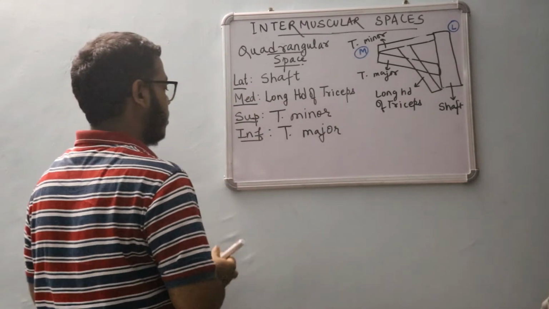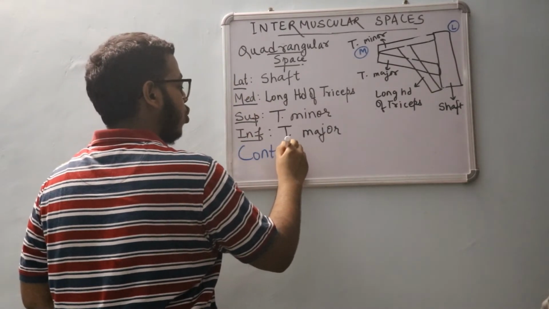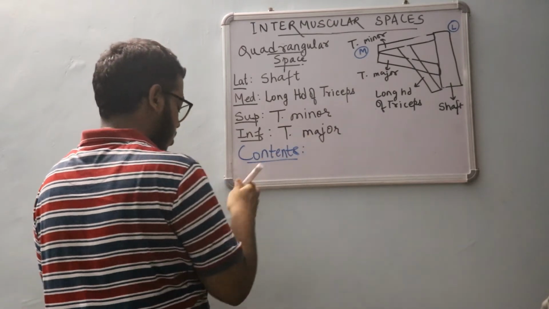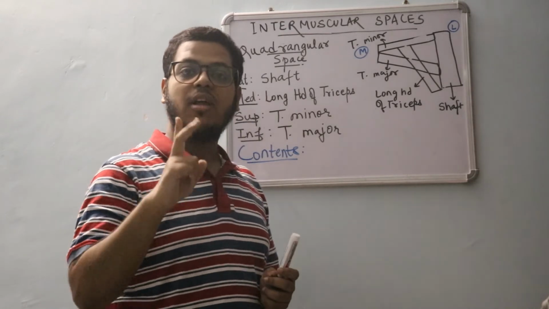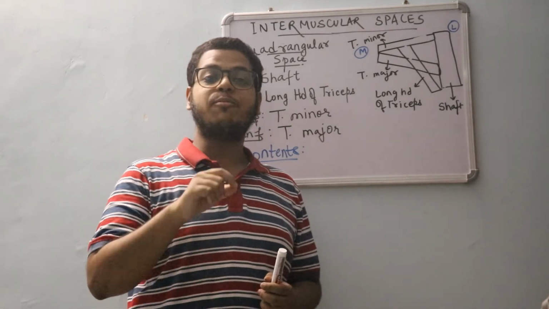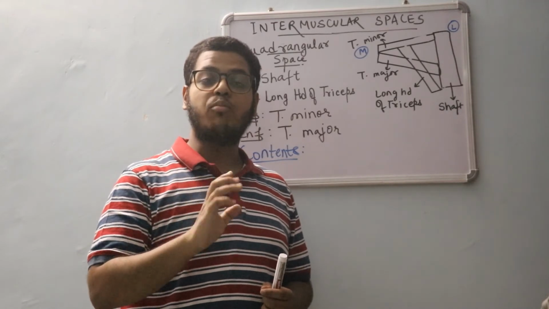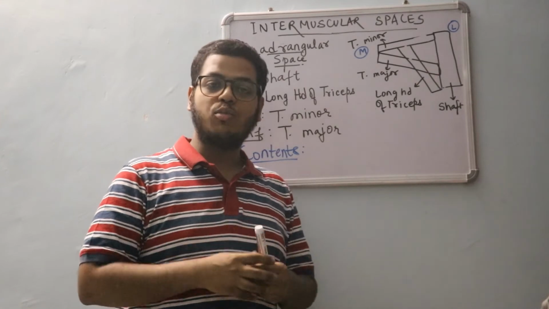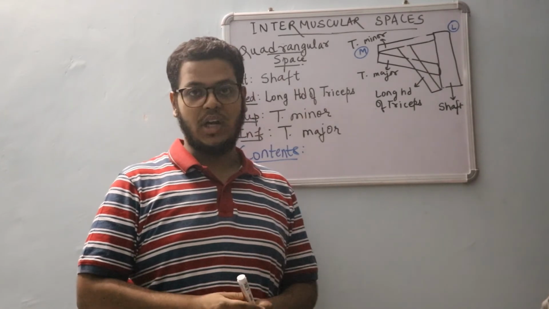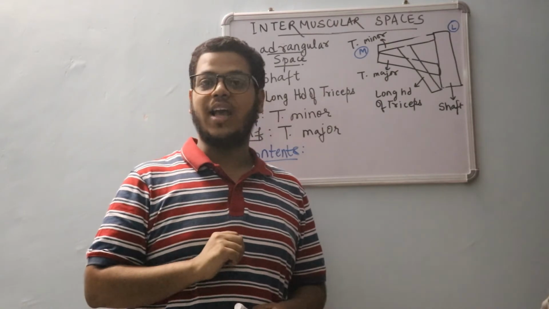Let us now discuss the contents. It again has two contents, one artery and one nerve. The artery is the posterior circumflex humeral artery that winds around the posterior part of the surgical neck of the humerus and then anastomoses with the anterior circumflex humeral artery, both of which are branches of the third part of the axillary artery.